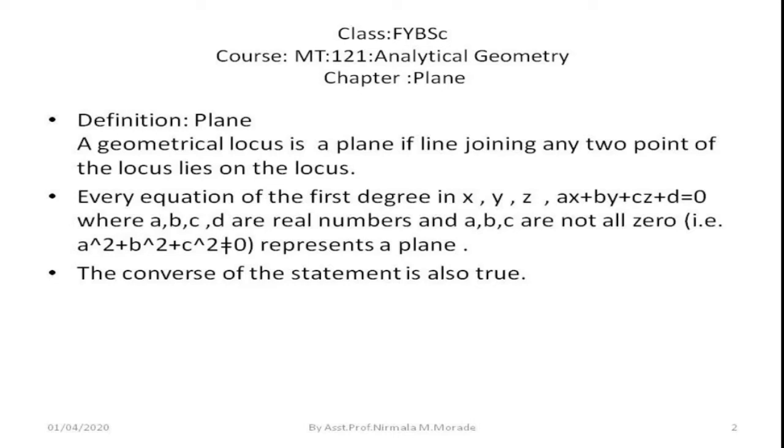So this equation ax plus by plus cz plus d equals 0 represents a plane. The converse of the statement is also true, that is, any plane can be represented in the form ax plus by plus cz plus d equals 0 where a, b and c are not together 0.